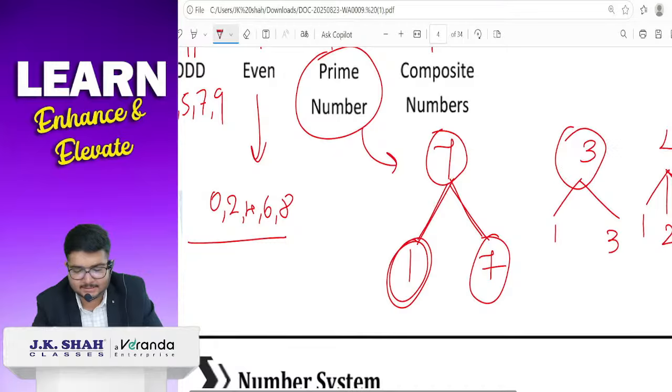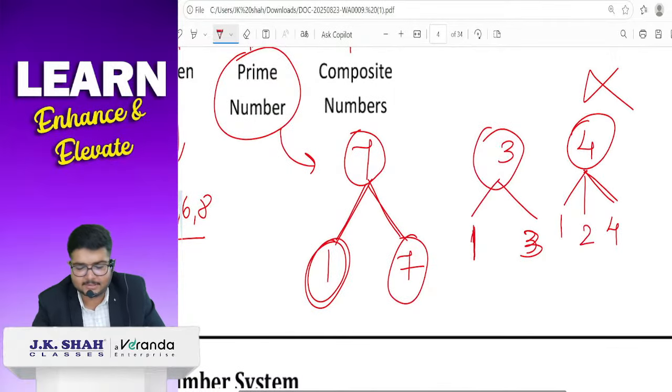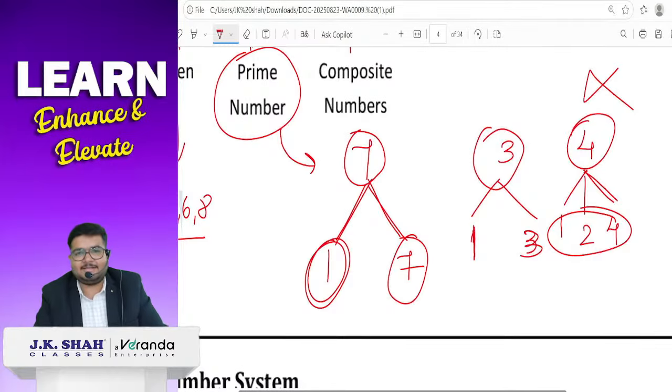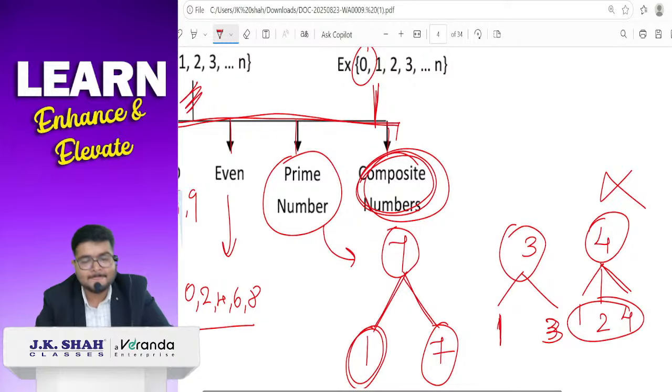For example, 3 has only two factors, 1 and the number itself. But 4 is not a prime number because there are three factors, and if there are more than two factors, then those numbers are called composite numbers. Two factors is prime numbers, more than two, composite numbers.